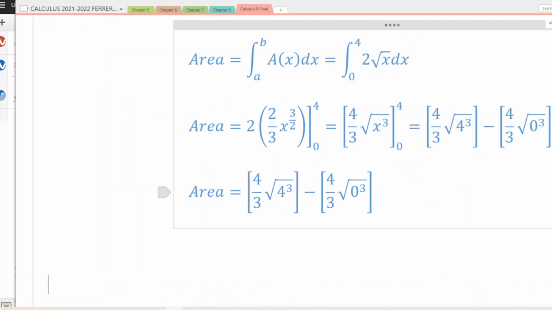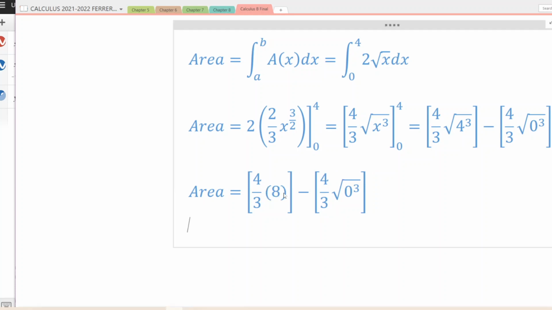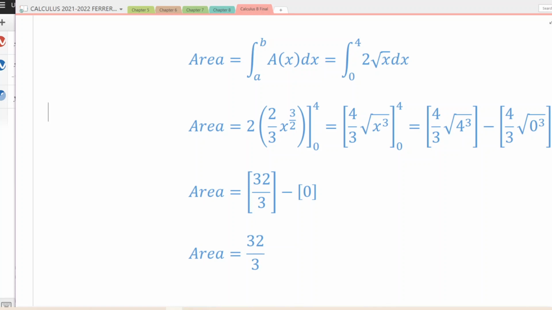The square root of 4 cubed is 4 times the square root of 4, so 4 times 2 is 8. And the square root of 0 cubed is just 0. Then we'll multiply. 4/3 times 8 is 32/3, and 4/3 times 0 is 0, which means my answer is just 32/3. Which completes this problem.